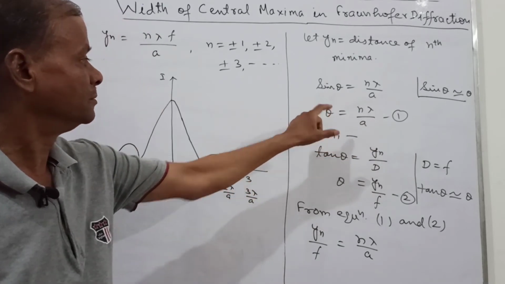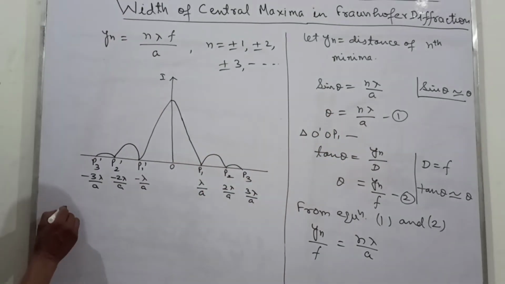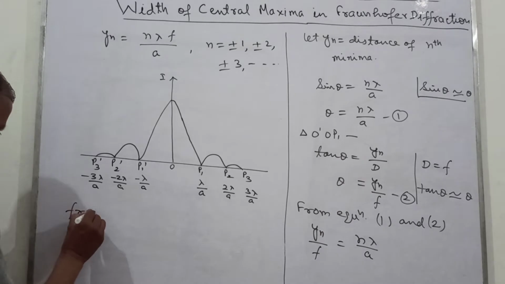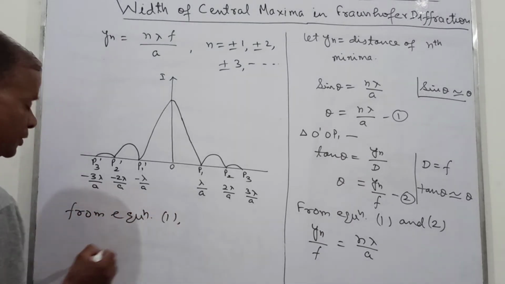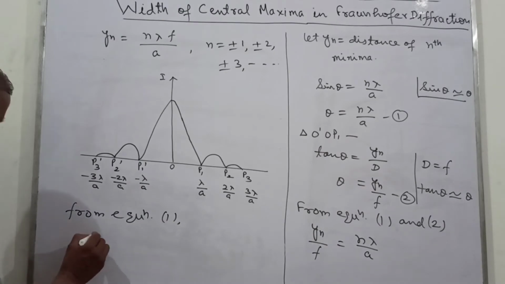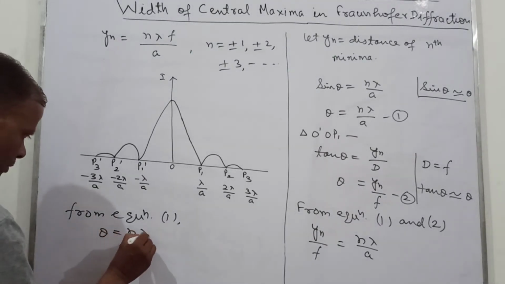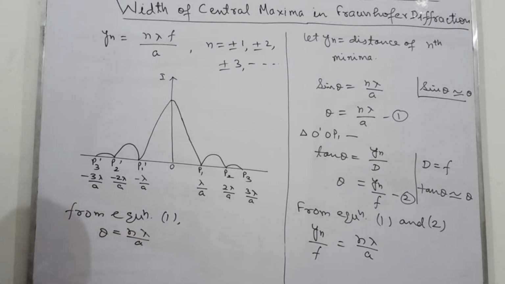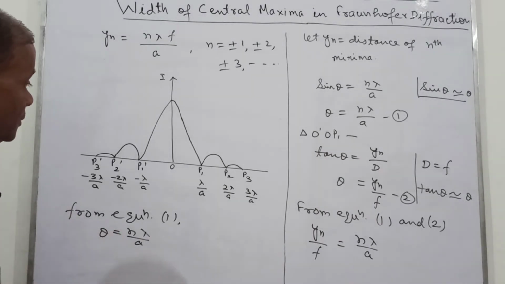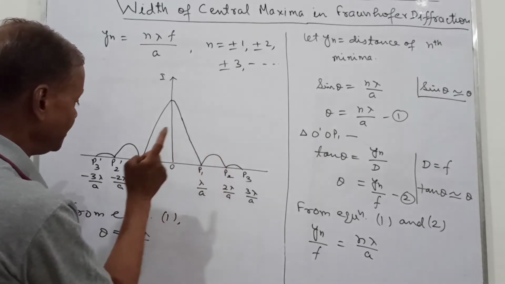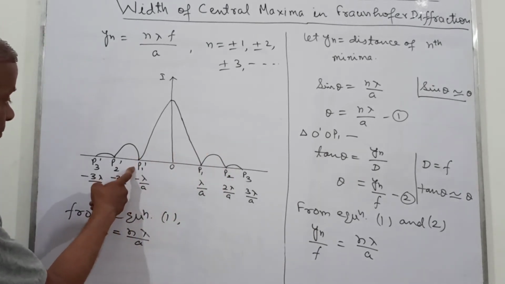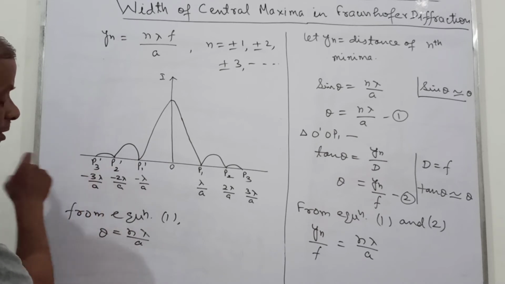Now you take from equation 1. From equation 1, what do we have? Theta equal to n lambda upon a. Now we take n equal to 1 first, because this is the first minimum, second minimum, third minimum.